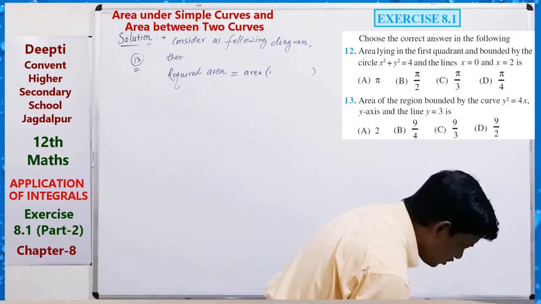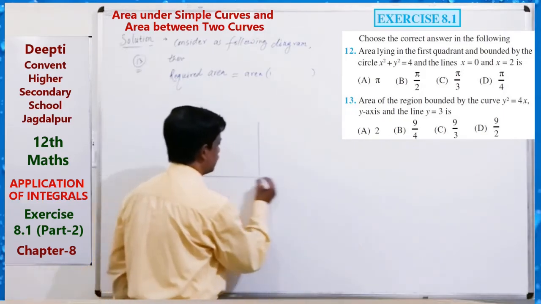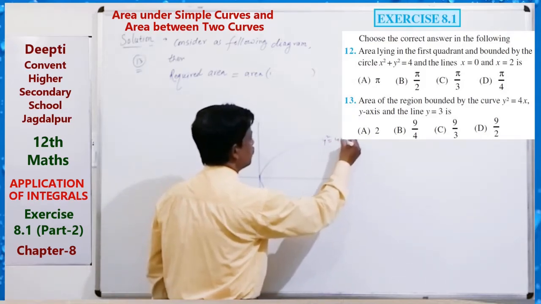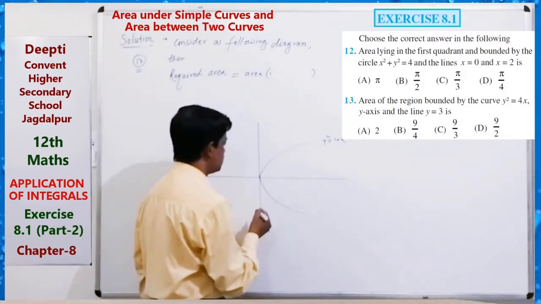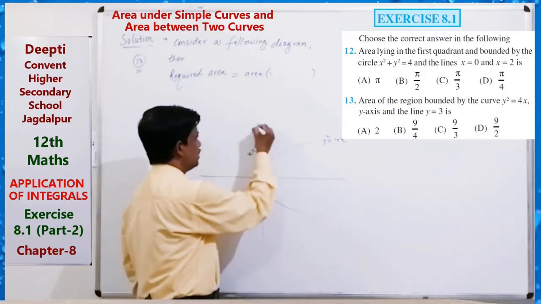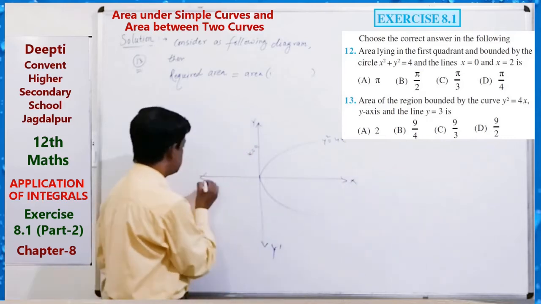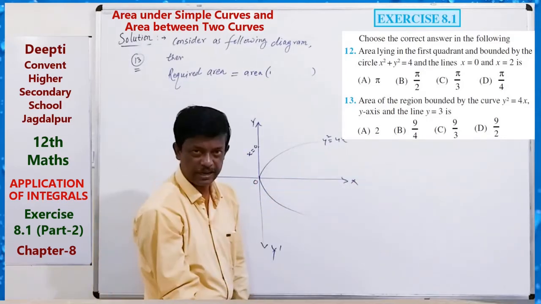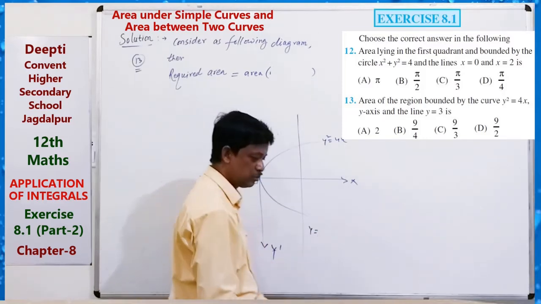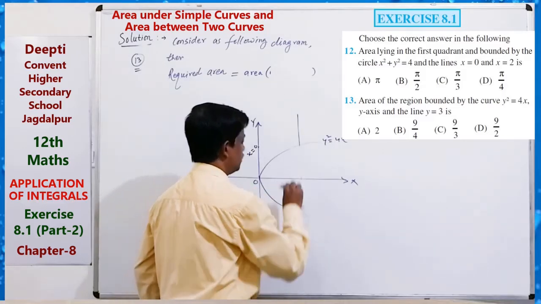Y square 4x, y axis, y equals 3. This is y square equals 4x, and this is the y axis, x equals 0. This is y axis, y dash, and this is x axis, x dash, origin, and y axis is this, and y equals 3.